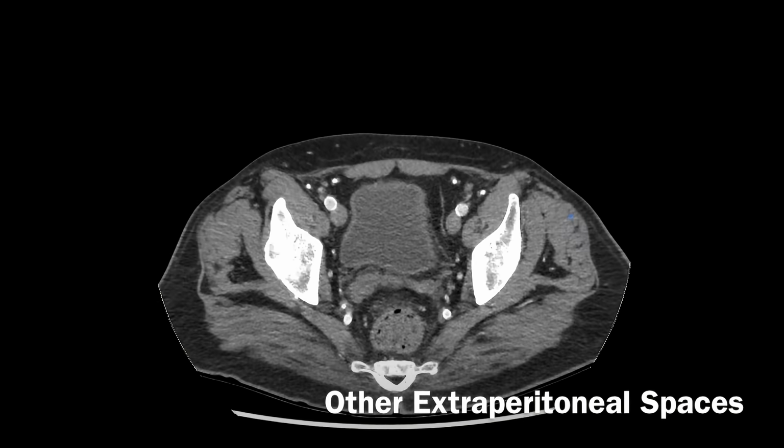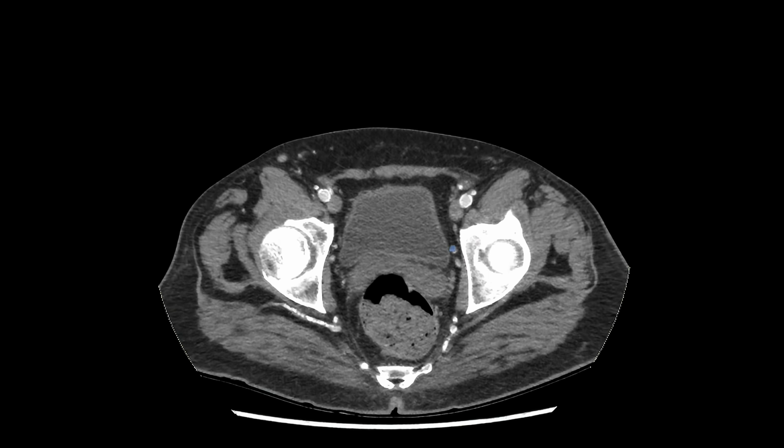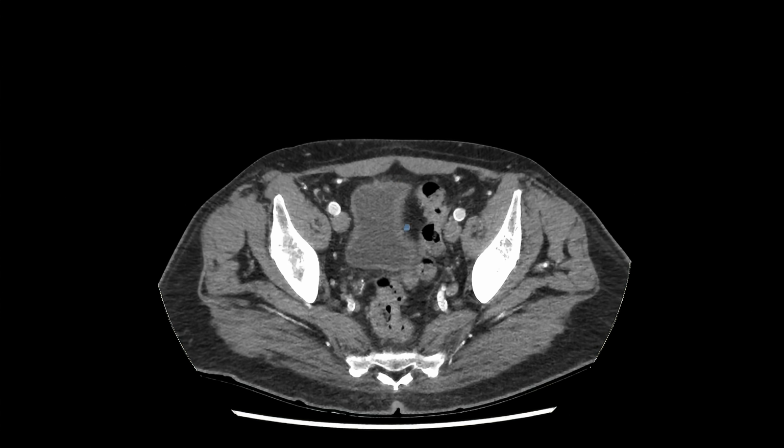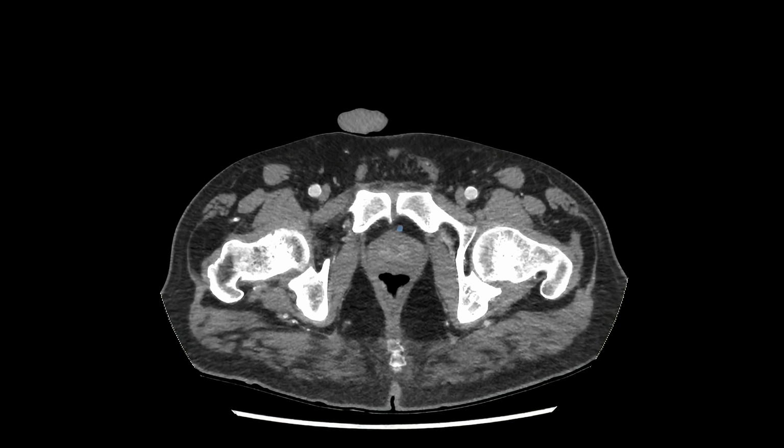There are also other extraperitoneal spaces low in the pelvis that are worth mentioning. This includes the prevesical space here, anterior to the bladder, that extends superiorly along the margin of the bladder here. The portion of the prevesical space that is behind the pubic symphysis here is called the space of Retzius.